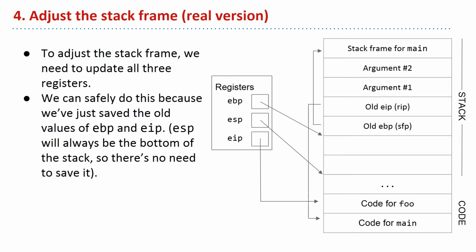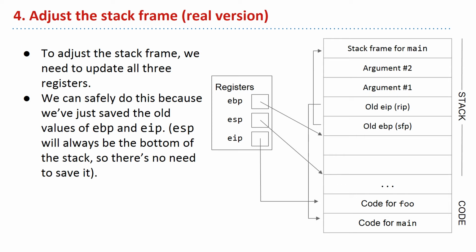By now, hopefully you're wondering, why did we not save ESP? The reason we didn't save ESP is because ESP is always going to point to the bottom of the stack, right? Every time you add a new value, ESP is always going to go down. Every time you remove a value, ESP is always going to go up. So because of the way they designed it, ESP will sort of naturally move down to where it's supposed to be.